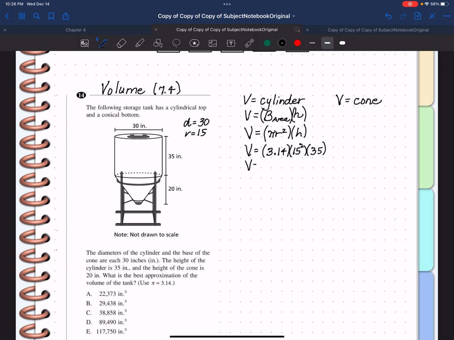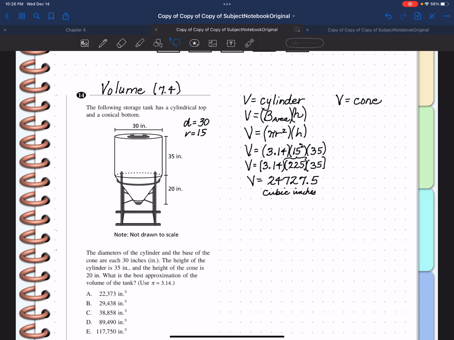So volume will be pi times 225, that's the 15 squared, times 35. And I'm going to use the calculator to do this. And that's going to be 24727.5 cubic inches.